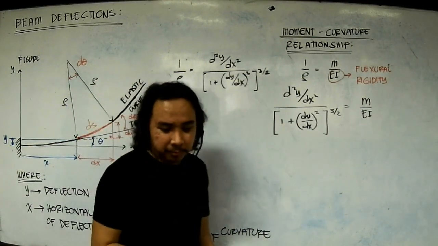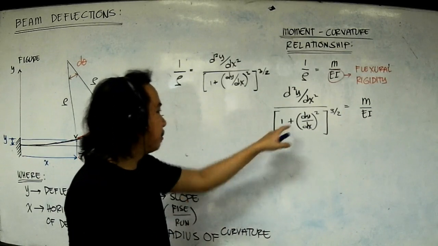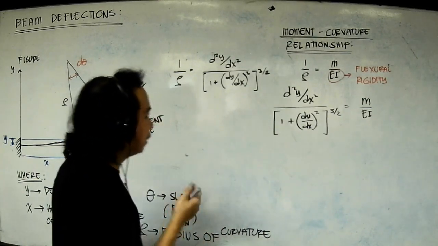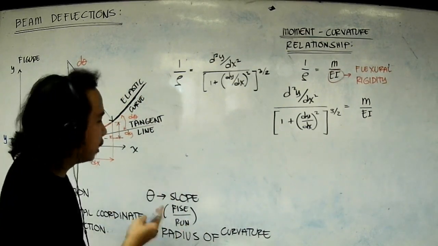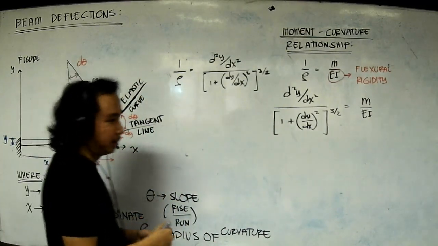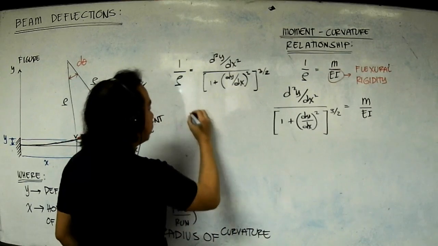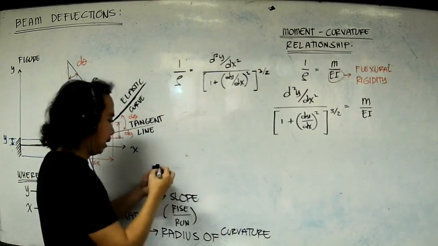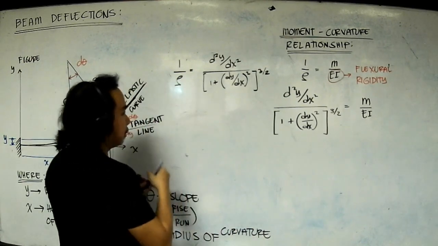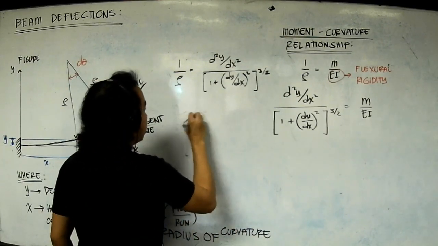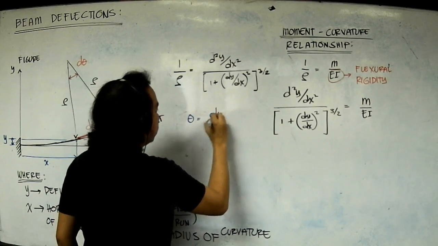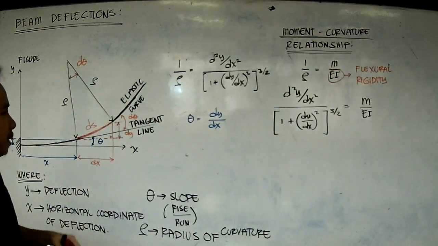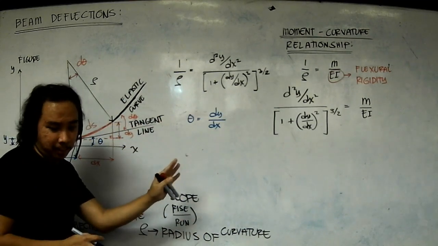Now, with differential equations having these dy/dx terms, recall what slope is. Slope is equal to dy over dx, rise over run.